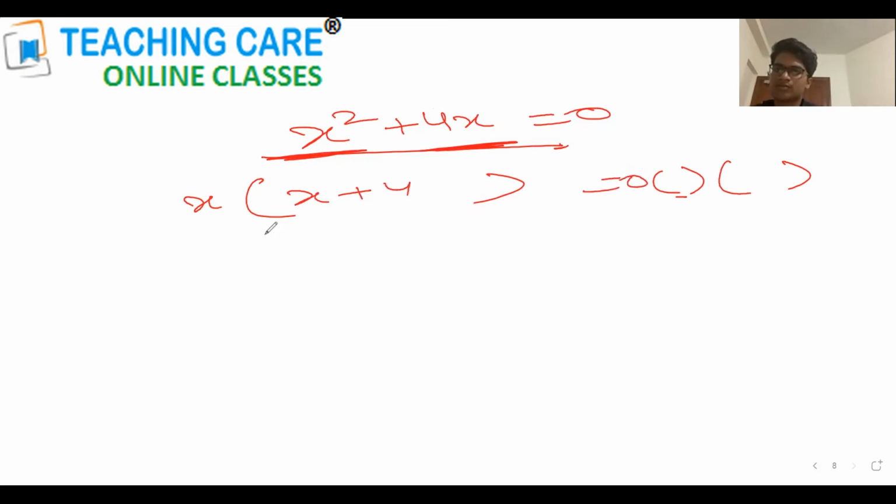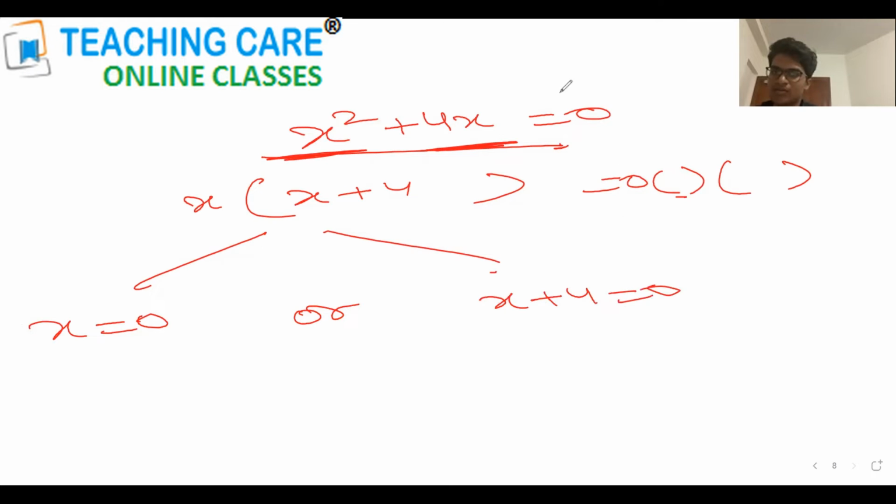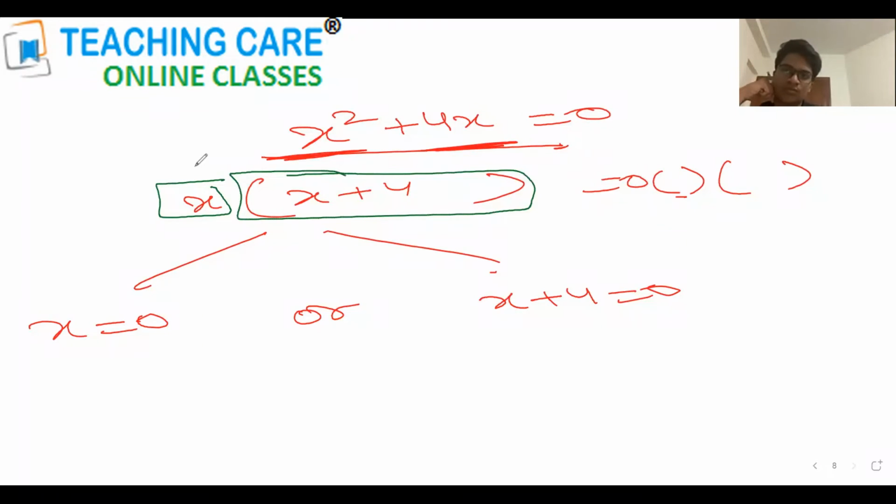So either out of these, what two would be the solutions? Either x is 0 or x plus 4 is 0. You have to just separate the brackets, nothing else, okay?